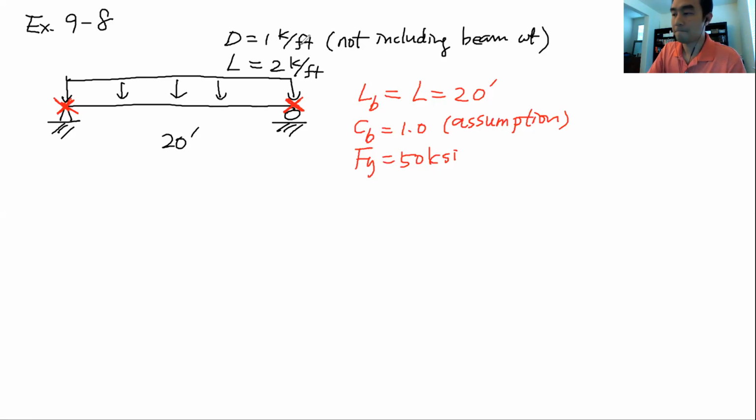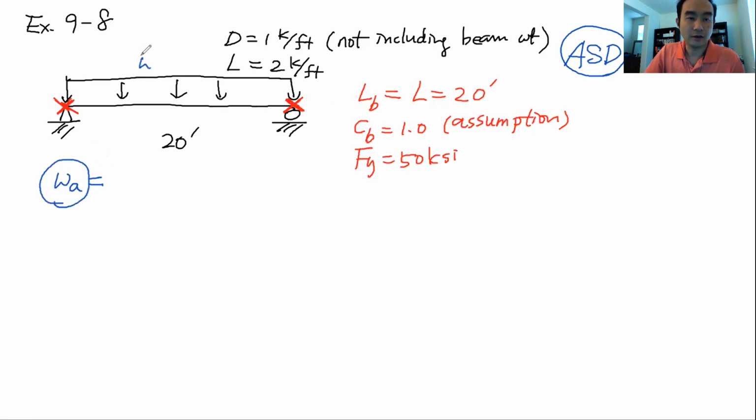Did I say ASD? Yes, because in the previous example I used LRFD. So I'm going to use the ASD method for this problem, but your textbook has solutions for both ASD and LRFD. So for ASD, we have w_a, the intensity of the uniformly distributed load.